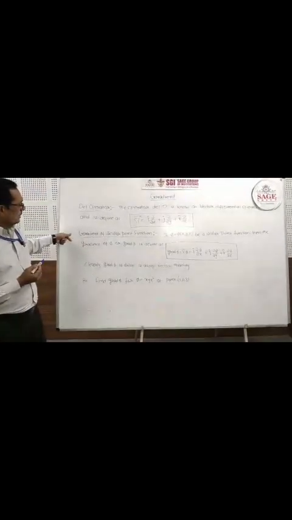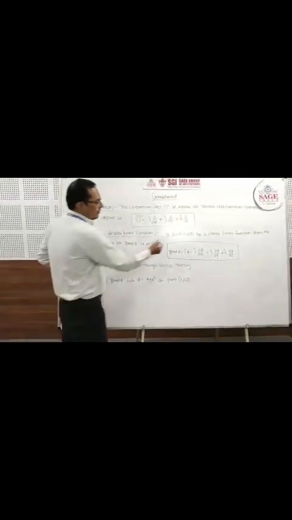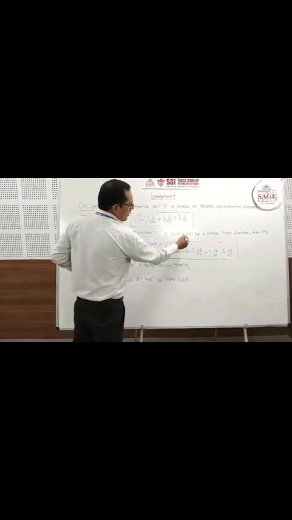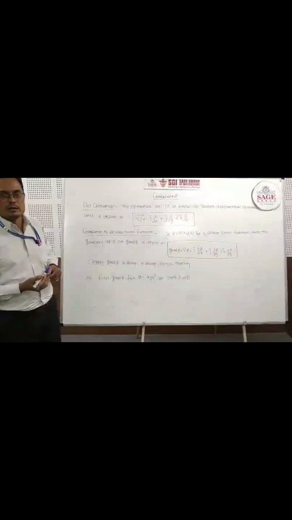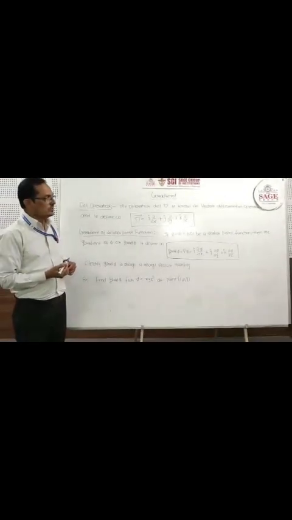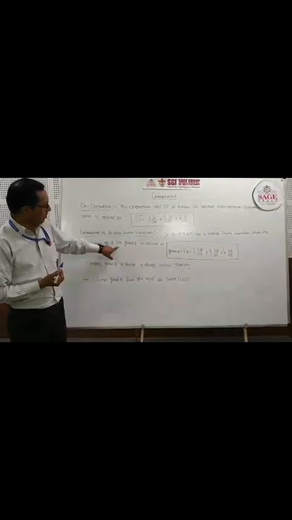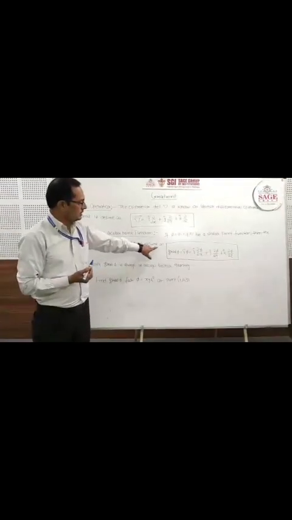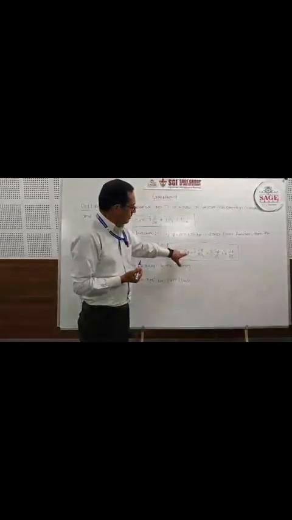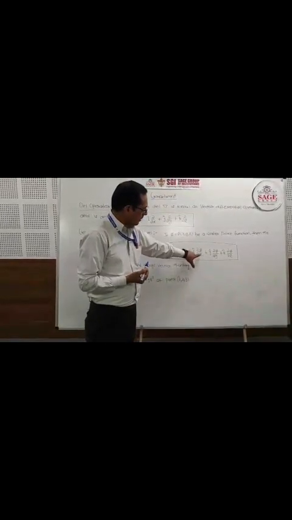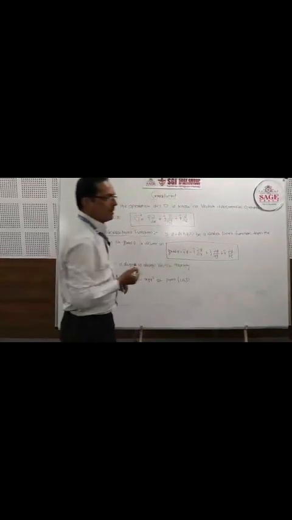Now, what is the gradient of a scalar point function? If phi = phi(x, y, z), it means phi is a function of three variables x, y, z. Then the gradient of phi is defined as grad phi = i ∂phi/∂x + j ∂phi/∂y + k ∂phi/∂z.